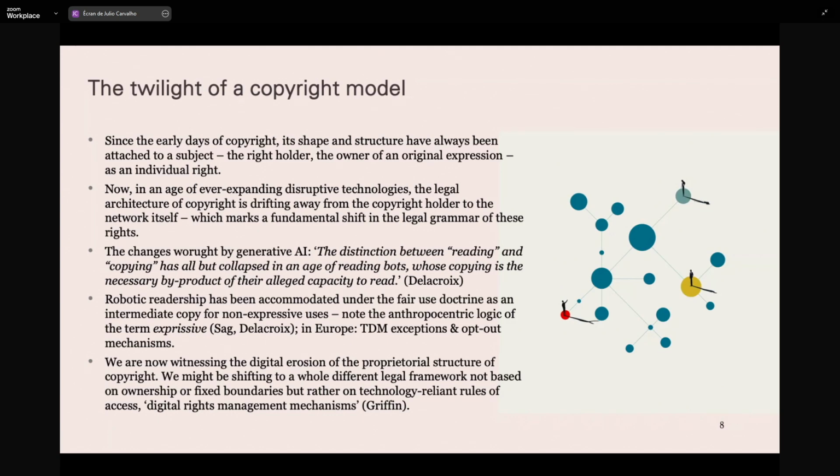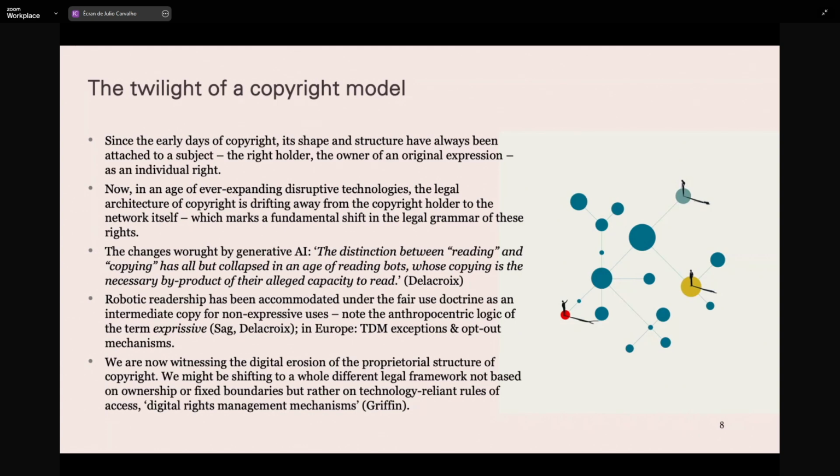We'll also discuss, for instance, the recent AI Act, Article 53, if memory serves, obliging generative AI providers to display a summary of the training database used for these generative AI.